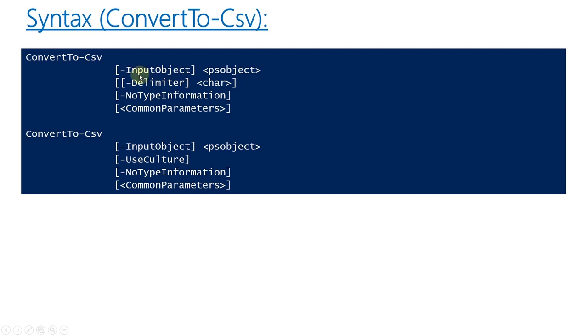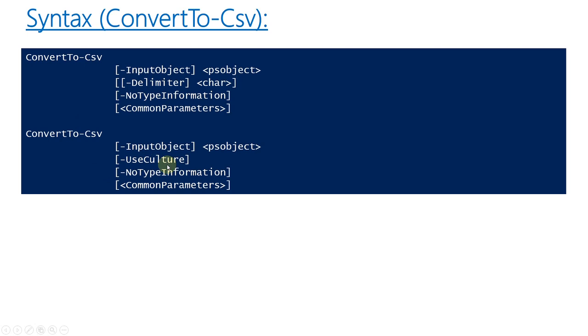After using the parameter InputObject, we can give the value of the object, and we can use other parameters to specify a delimiter other than comma, if any. We can also use the Culture parameter to fetch the delimiter from the culture and use it as the delimiter.